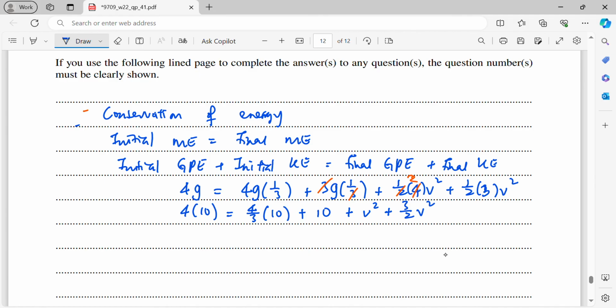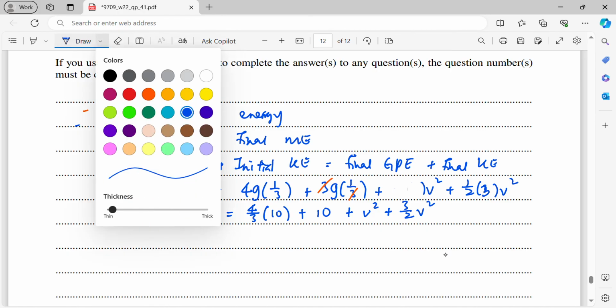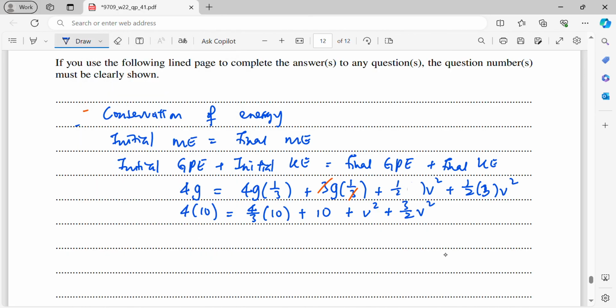Actually, I don't cancel it, then it will be easier to calculate. Here it will be half times 4 plus 3, which is 7. So here I will get 7 over 2 v squared.